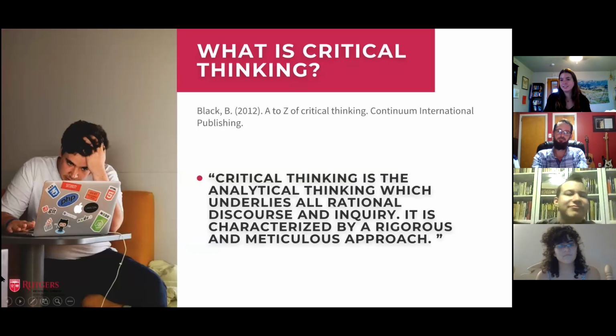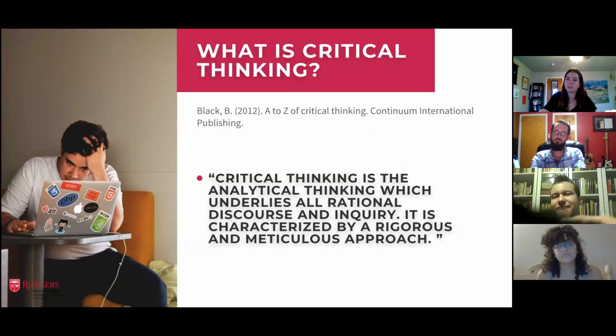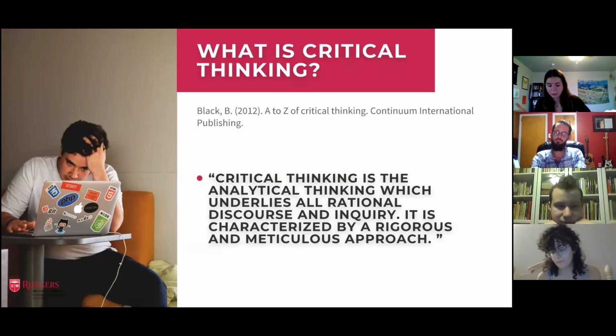So first we have to define critical thinking before we start getting into all these different methodologies. Critical thinking is the analytical thinking which underlies all rational discourse and inquiry. It is characterized by a rigorous and meticulous approach. It is unique as an academic discipline because it focuses on the processes of being rational.